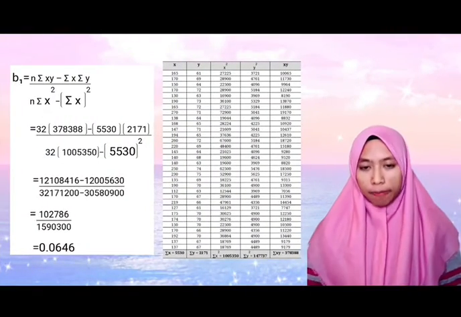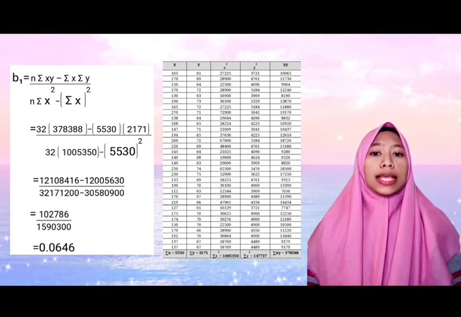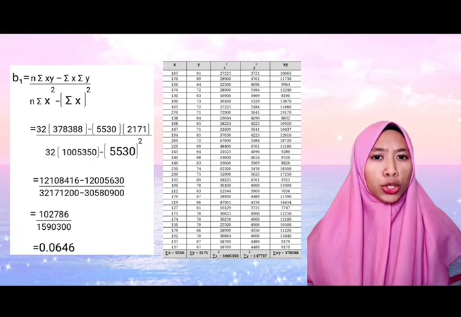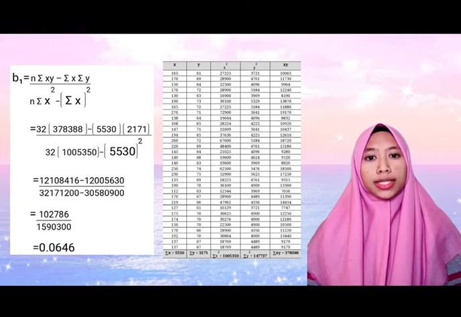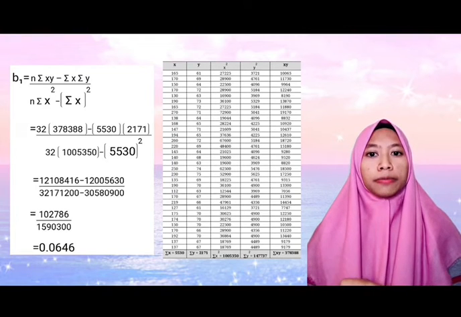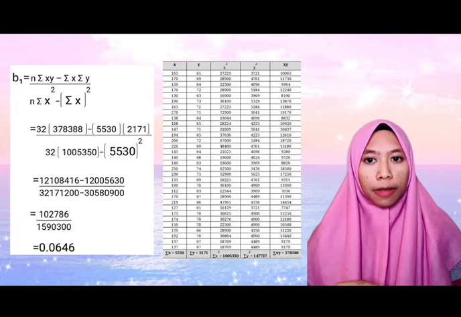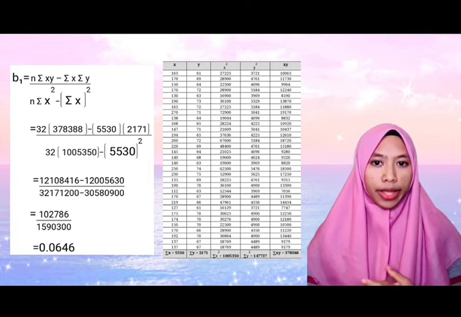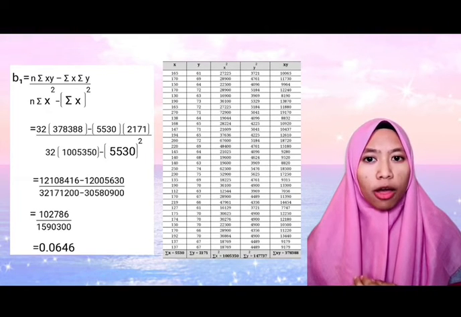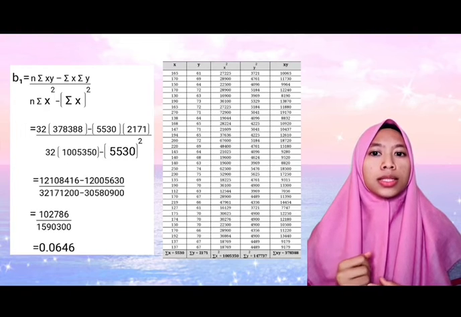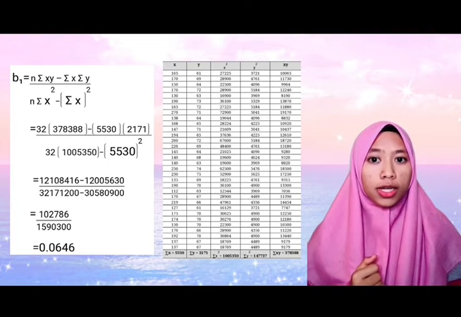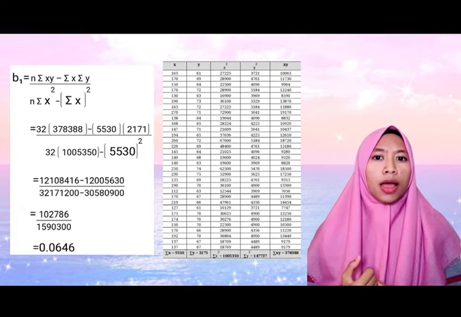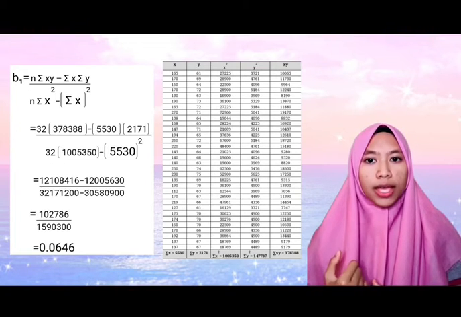So, without wasting time, now I will explain how to calculate for this question. B1 is equal to n times the sum of xy minus the sum of x times the sum of y, over n times the sum of x squared minus the sum of x, squared.